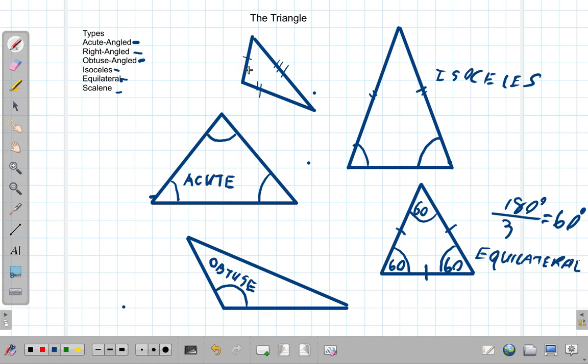Of course, the angles will also be different. If I have one arc for this angle, I can have two arcs for this angle and three arcs for this angle, showing that they are different. Alright? So we have our scalene triangle here.